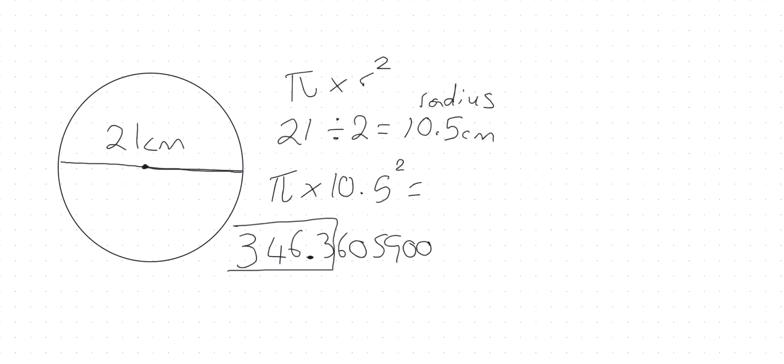So I've got a 6 as my deciding number. So this time I've got to round it up. So I've got 346.4. And then I've got centimeters squared this time, based off of the fact that I started with centimeters. That's how you find the area of a circle.